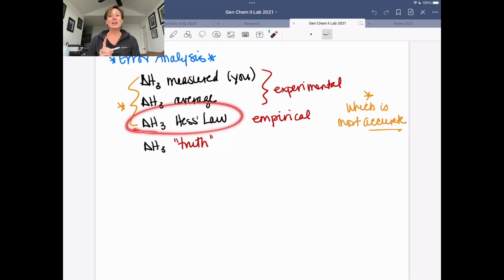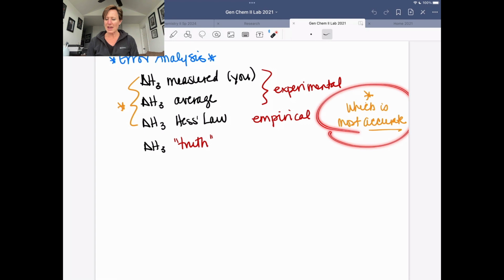You then used an empirical method with the data from experimental reaction 1 and reaction 2 to determine delta H for reaction 3 empirically. And then in your lab, it tells you what the truth is, what the actual enthalpy of that reaction is. So you're going to look at all 3 of these values and you're going to say which is most accurate, which one is closest to the truth. And then you're going to try to think about why do you think that is.